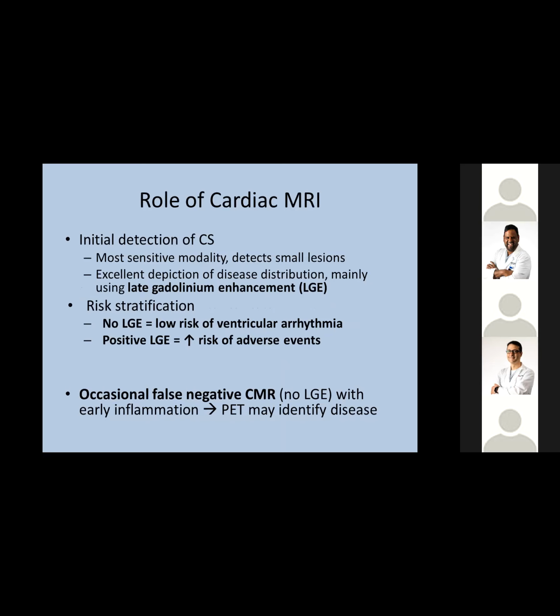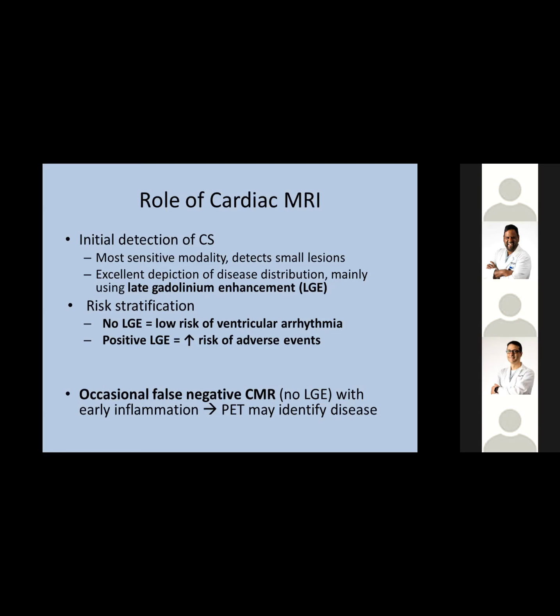Just to really briefly cover that, we inject the patients with gadolinium contrast, and then we wait at least 10 minutes and allow the contrast to distribute to the tissues. It perfuses through normal tissues, and a lot of it washes out by about 10 minutes. And then what's left is abnormal retention of contrast in abnormal tissues with increased extracellular volume. So that can include inflammation and scarring.